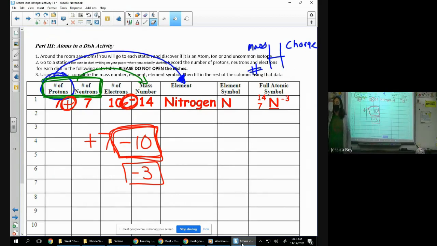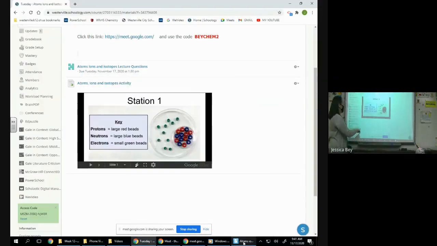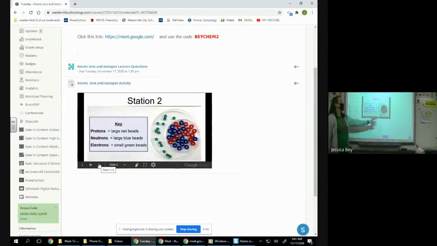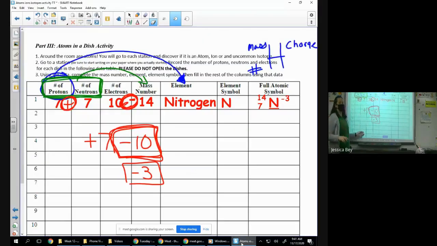Okay, so all you're going to do is take a look at the next slide. And here is a different atom. You're going to say, all right, how many protons? Write it in the column. How many neutrons? Write it in the column. How many electrons? Write it down. Like I said, there are two ways to approach it. If you'd rather count it all first, you can fill in the first 3 columns and then sit down and do the math, or you can go along and do it as you want.